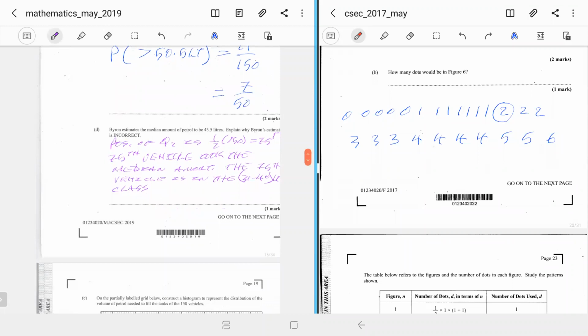Let's say it. So 43.5 liters is not in the 31 to 40 liters class interval.